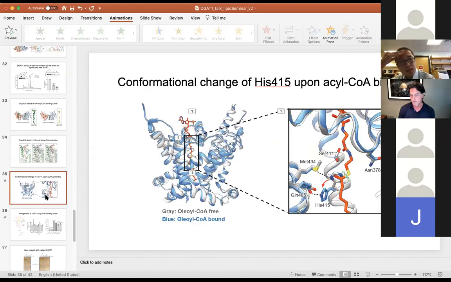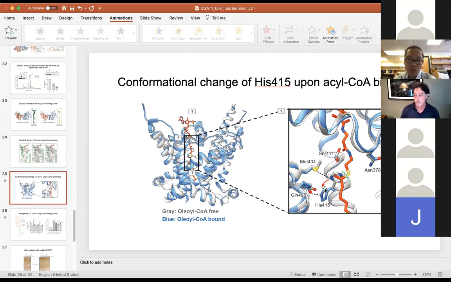Yeah. So I do have a slide, but I didn't show it for the sake of time. Overall, the protein is rigid. We don't see large conformational change, but by comparing the apo and holo structures, we do see the conformational change of this histidine. We are quite sure about that because the side chain density is very clear.